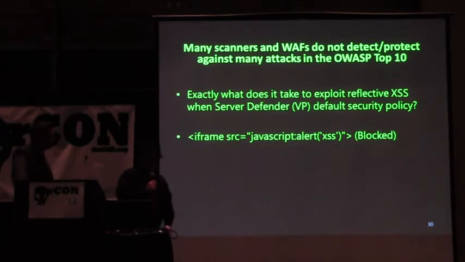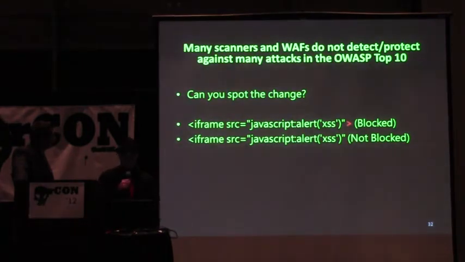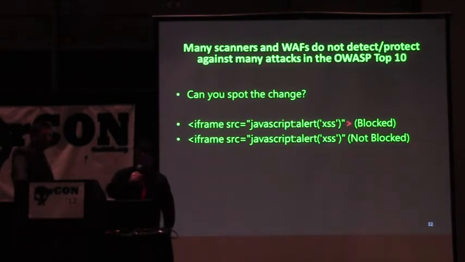Score one for the PCI compliant from birth people. That failed. This executed just fine. Does anybody even notice the difference? Right there. That's all it took to bypass a PCI compliant web application firewall from birth.